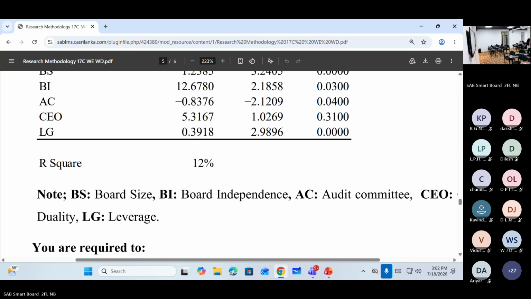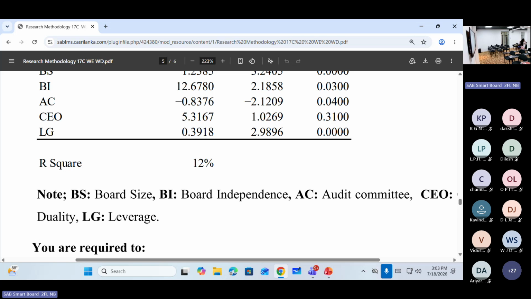Accordingly, the R square for this research is 12%, which shows the overall model is statistically invalid.